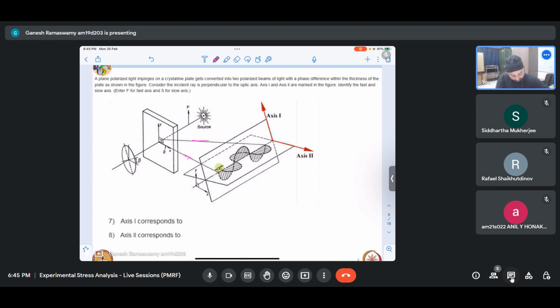So from this point to this point is the thickness of the crystalline plate.